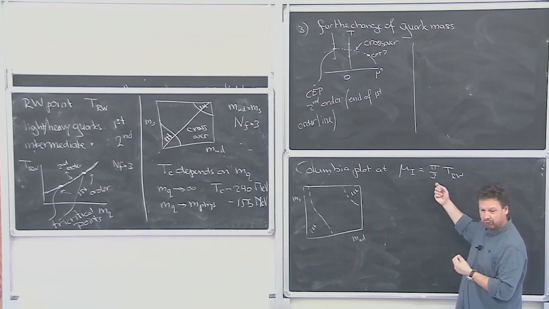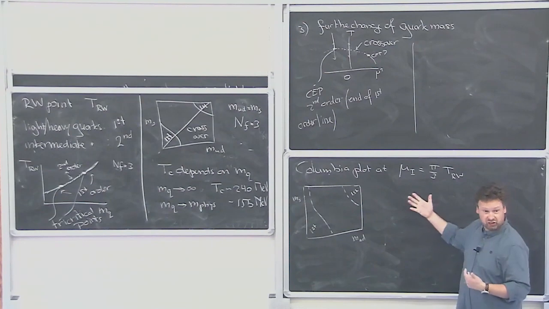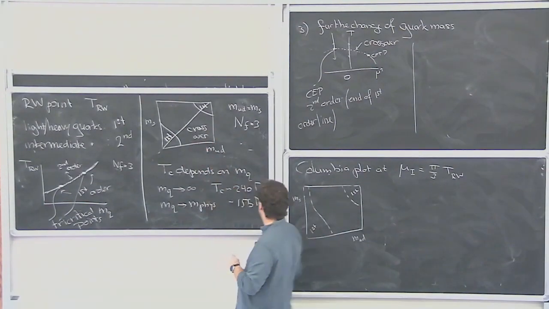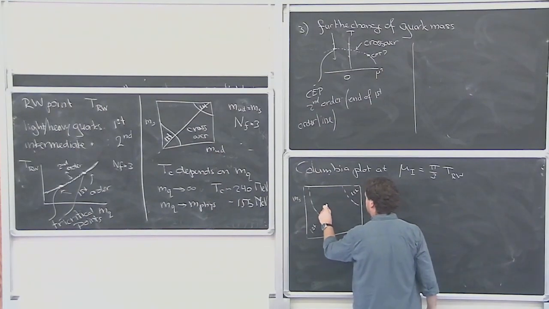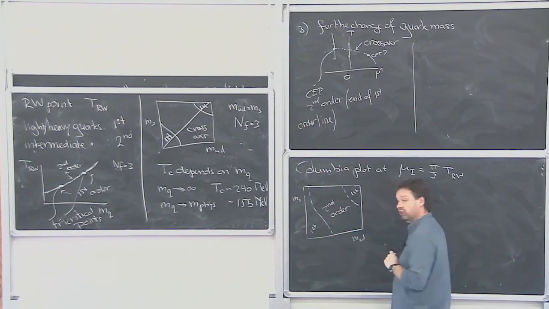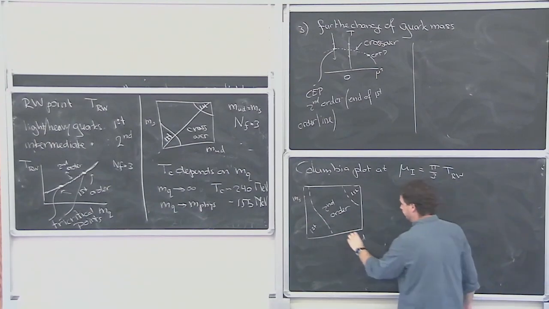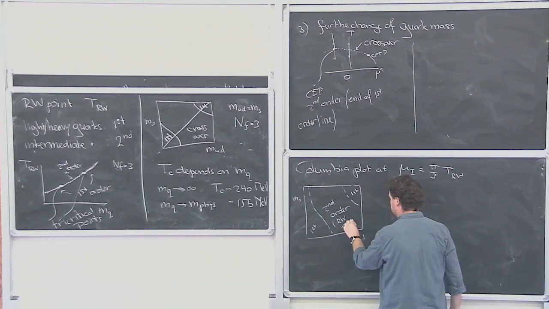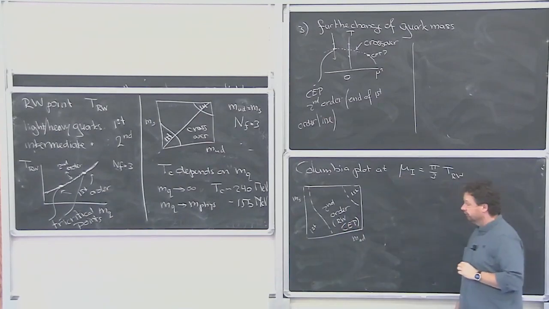It's a critical endpoint for intermediate quark masses, and it's then a second order transition. So whereas in the Columbia plot for 0 mu, this was a crossover, this is now actually a second order transition. So this is where the Roberge-Weiss point is a critical endpoint.